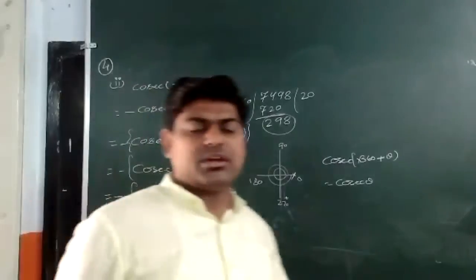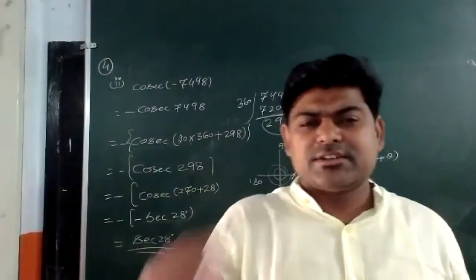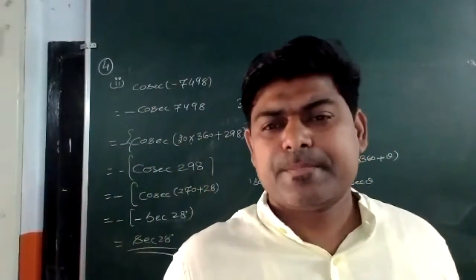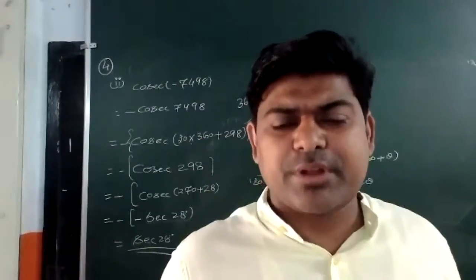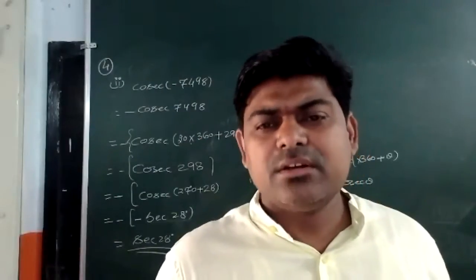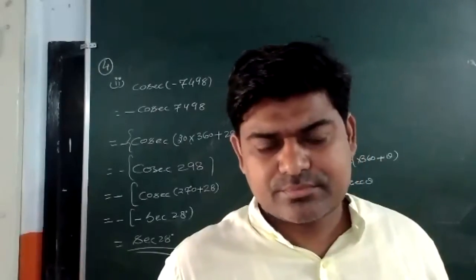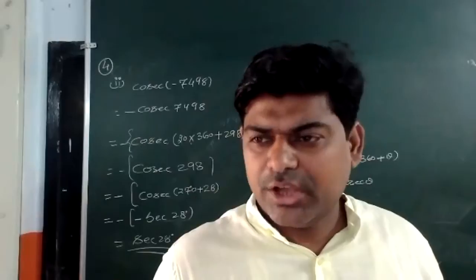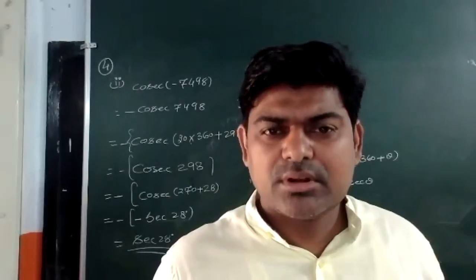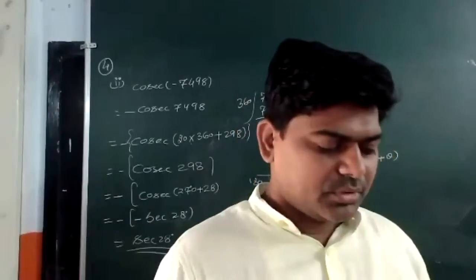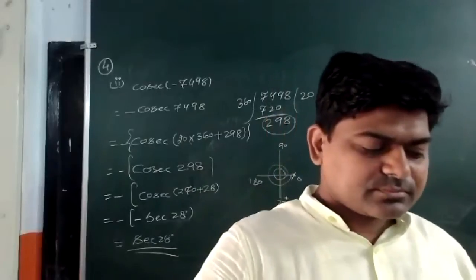Now think that 28 is less than 45 or not. Angle has been expressed less than 45 or not. That was the question. It's okay. Any problem is there? Now, move to some other question.